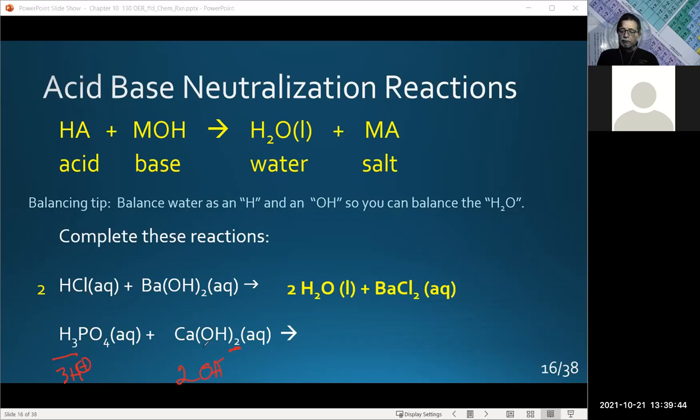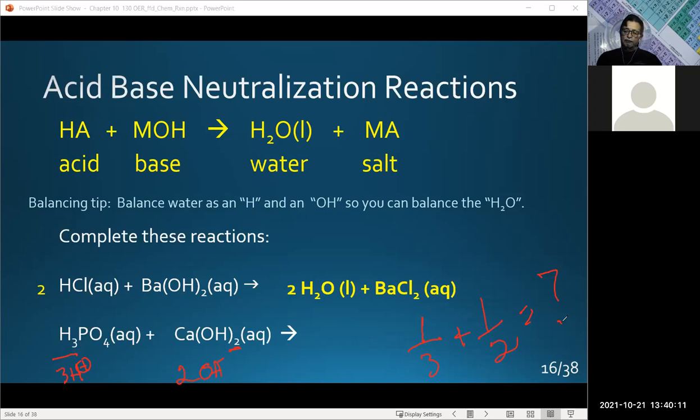So how many phosphoric acids do I need so I can neutralize an X amount of calcium hydroxide? Remember when we were putting formulas together? Okay. And I said, okay, I want to add these 2 fractions. How do I do that?